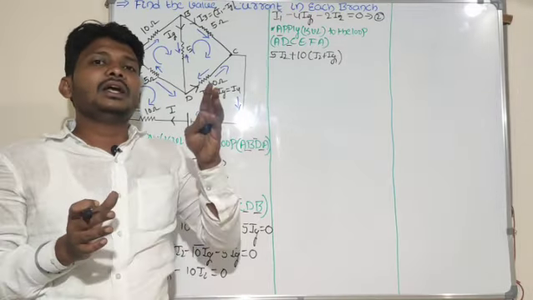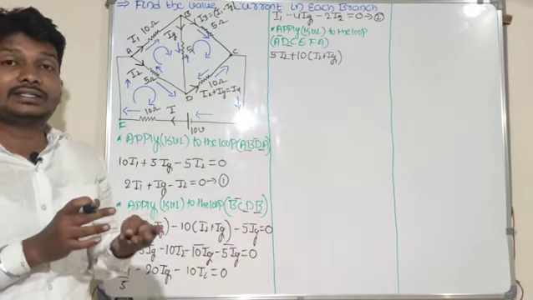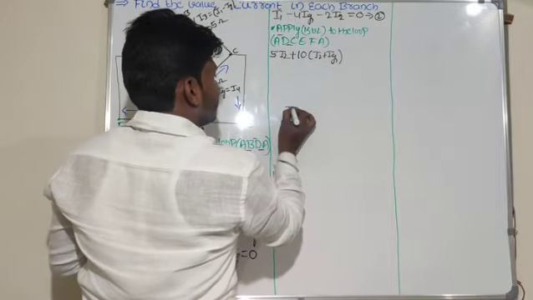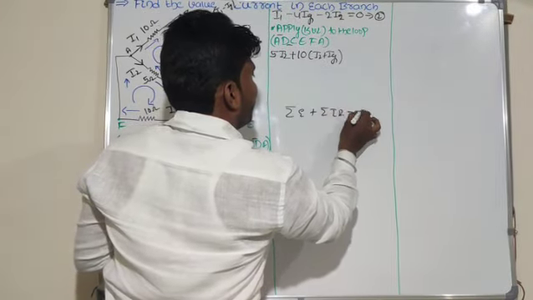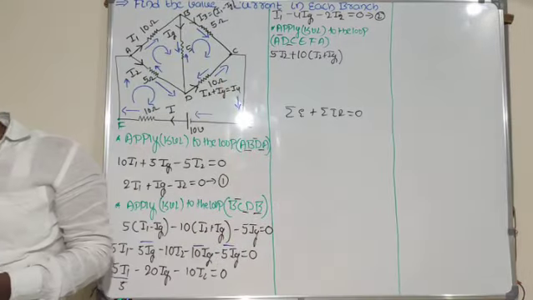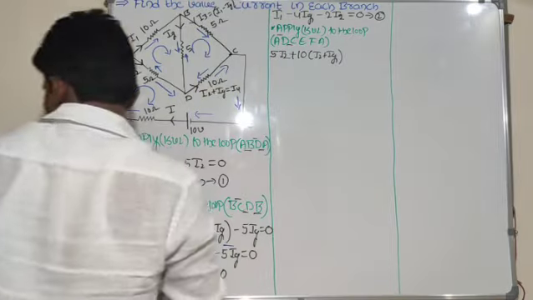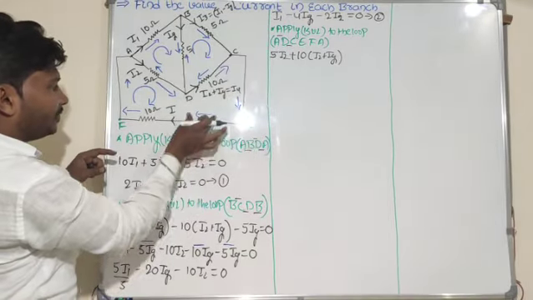What statement are you going to form in case of KVL? Summation of V is equal to 0, or in other words, summation of EMF plus summation of change in potential difference is 0. So this is also an equation for the KVL law. Now I will take this to the right side.